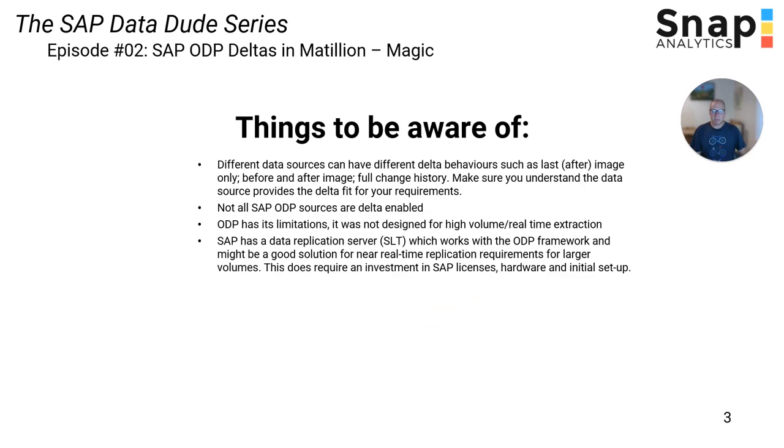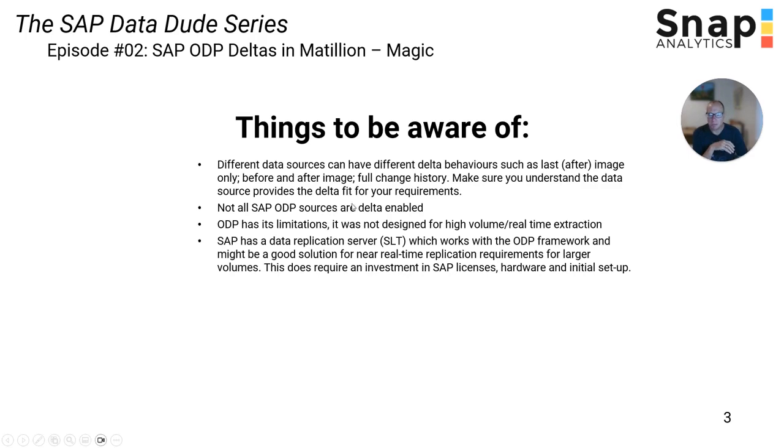A few things to be aware of. There are different types of delta behavior, so you can either get just the latest image, or you can get the full change history, or there are other scenarios as well. So you have to check if the data source provides the right kind of delta for your requirements.